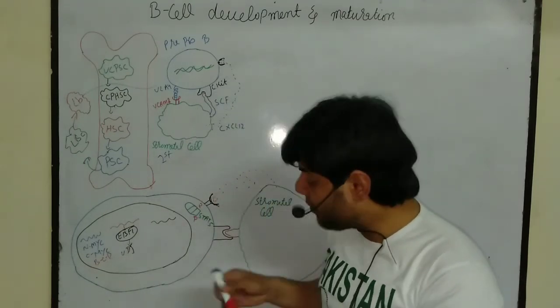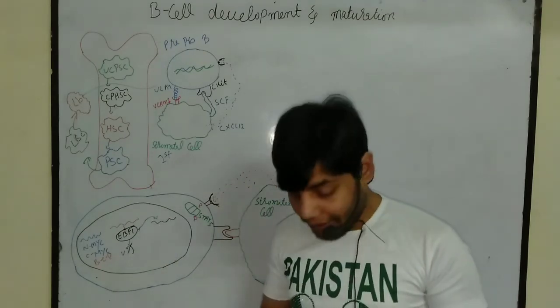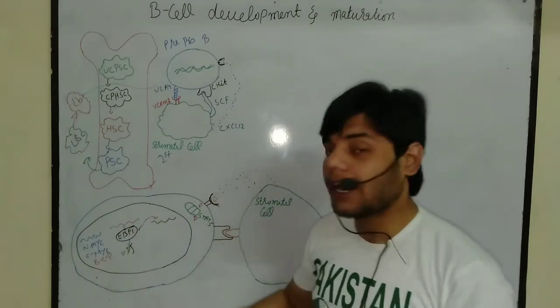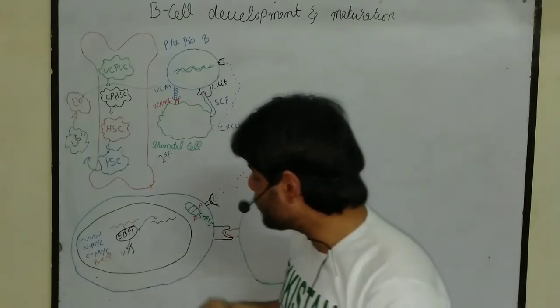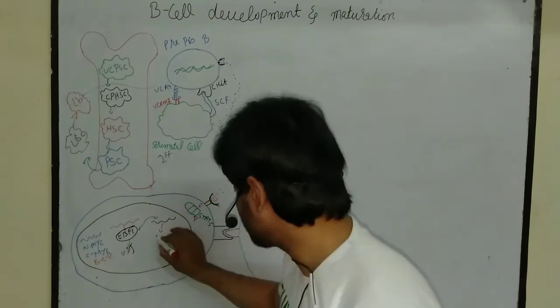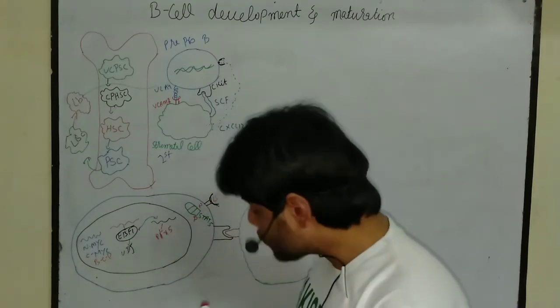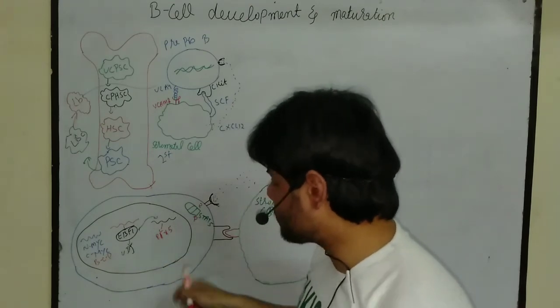Moreover, this EBF1 product also binds to this third gene. When it binds to this third gene and transcribes and translates it, they will produce another product which we call PAX5. So what we get is EBF1 and PAX5.